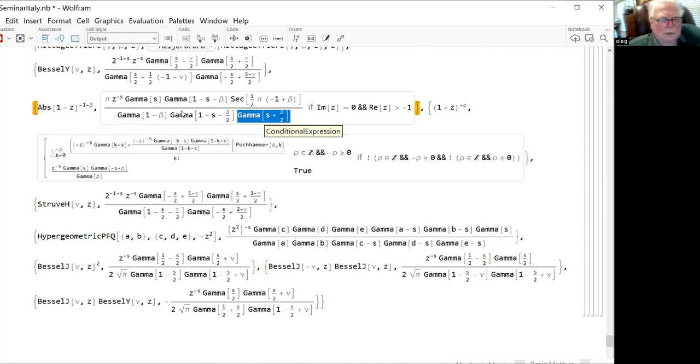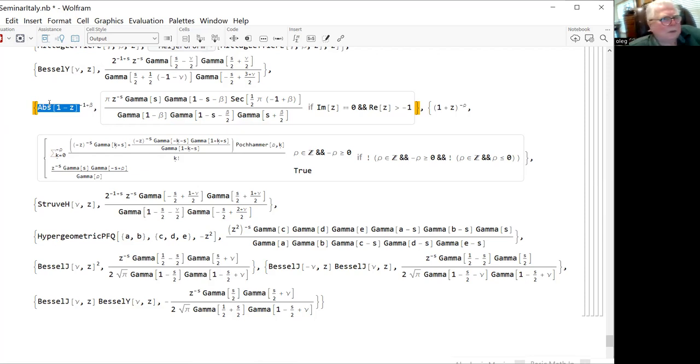And this component in the denominator is produced from the inverse Laplace. So composing these 2 produces this one. You see how many variants.